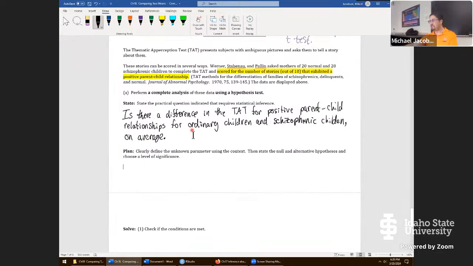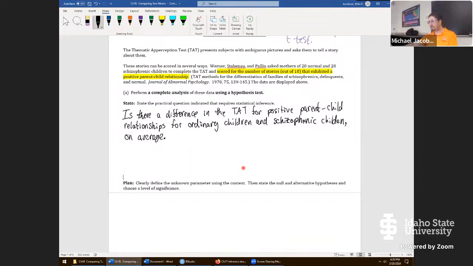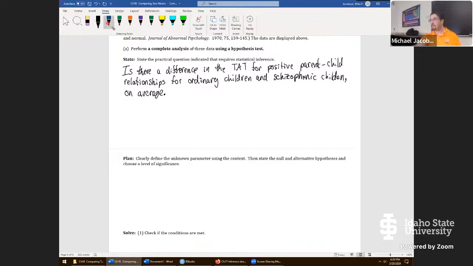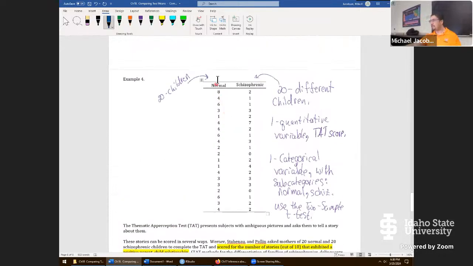Okay, so we've got that down. Next thing that's not as bad is we need the parameters. Then after we define them, we have to define the hypotheses. So we'll start by writing down one overall statement. We'll define two parameters at once. Looking at the data, we could call this mu n and mu s. Or if you like, let's go with mu1, mu2, just because that's allowed as well.